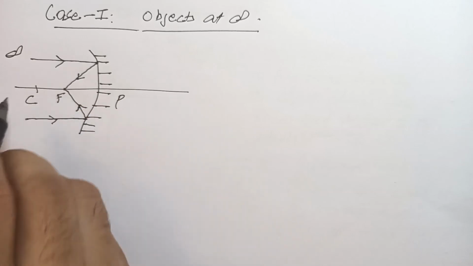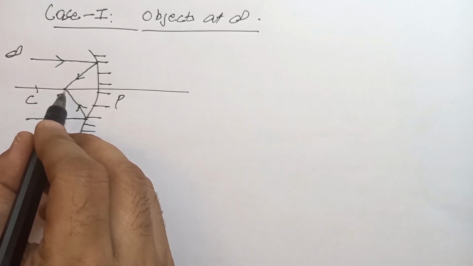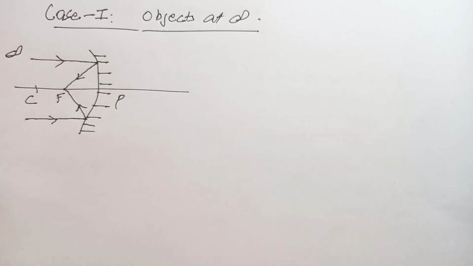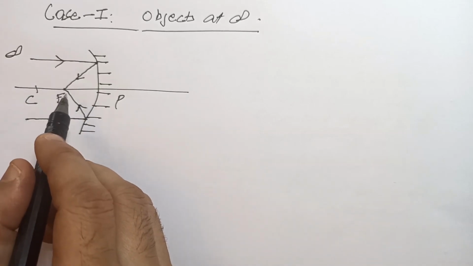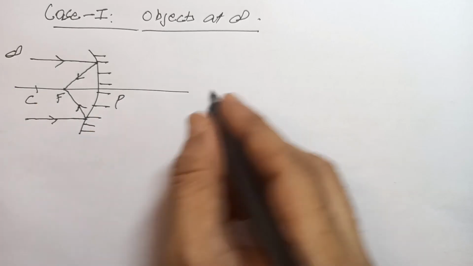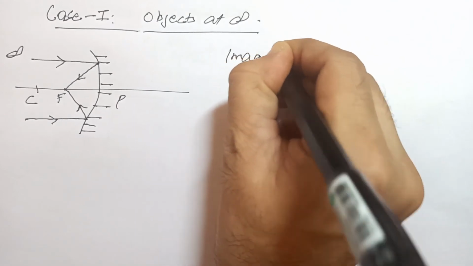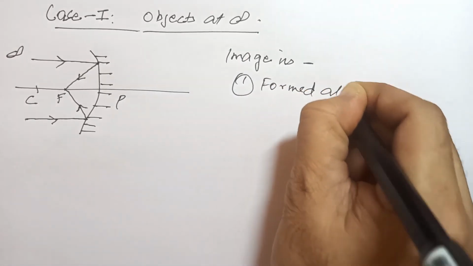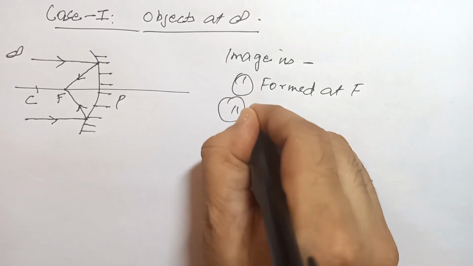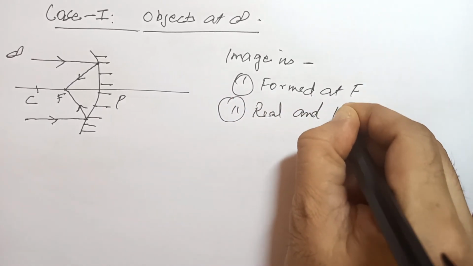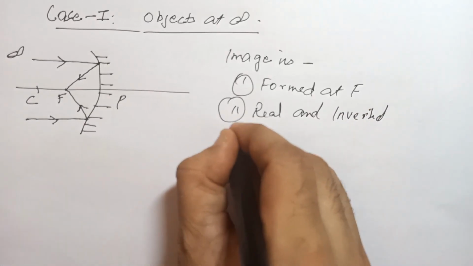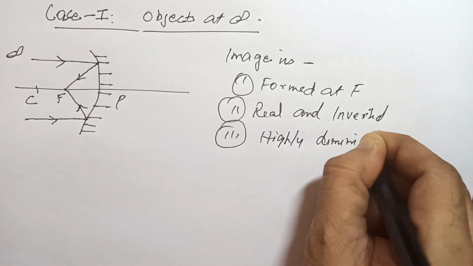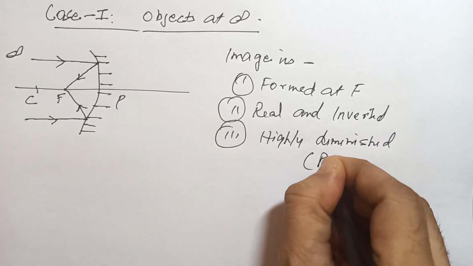So the image is formed here. This is a point-sized image. Now if we have to deduce what type of image it is, I can say the image is: 1, formed at F. 2, real and inverted. 3, highly diminished, or we can say point-sized.